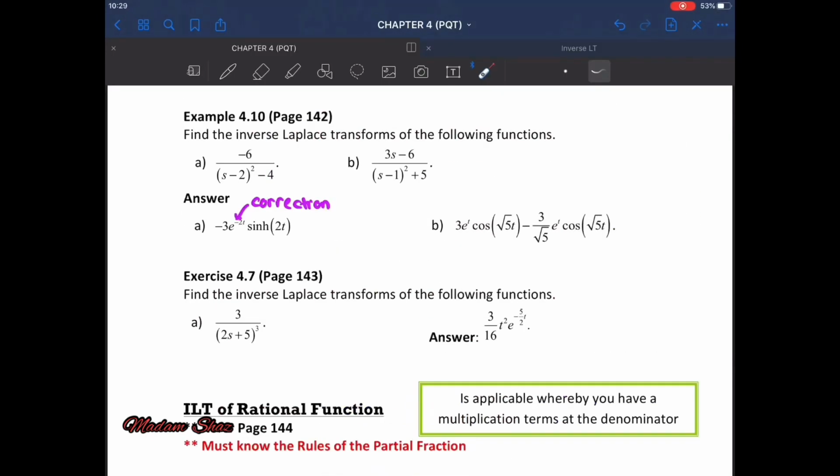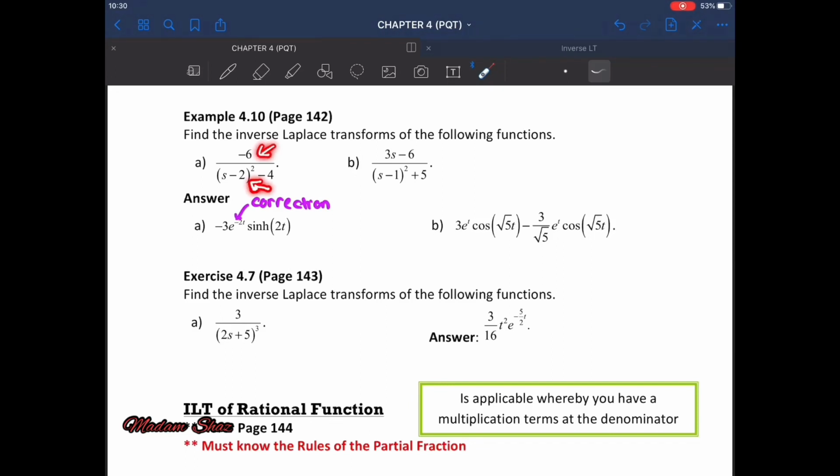Refer back to the example. If we have s at the upper side, which is not the same thing as s at the bottom side, it means that you have to solve by using the first shift inverse Laplace transform. For example A here, we don't have any s at the upper side, but at the bottom side we have s.